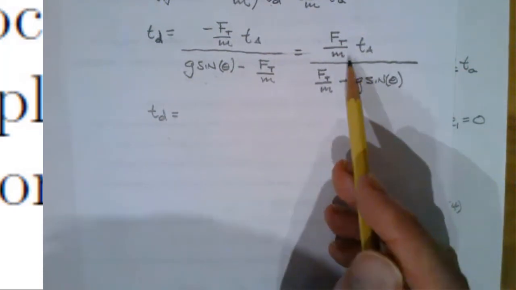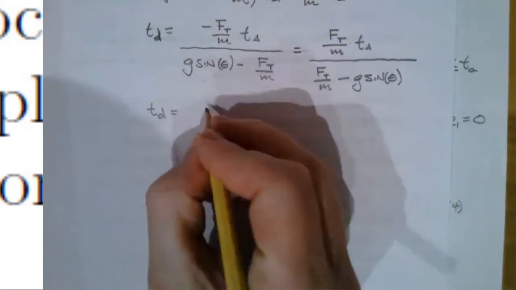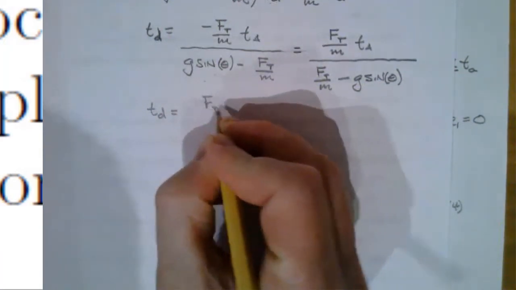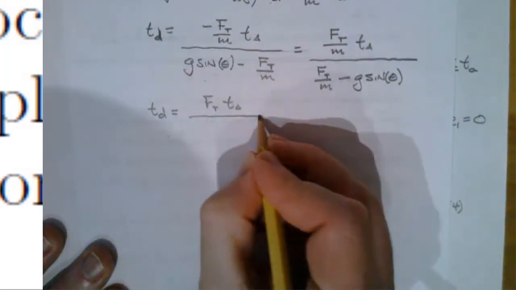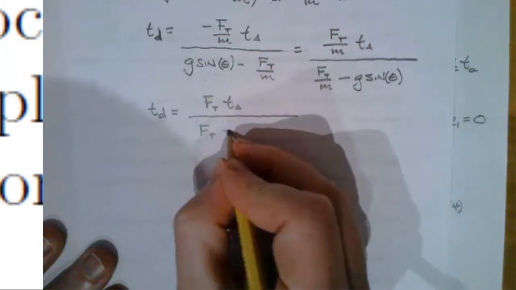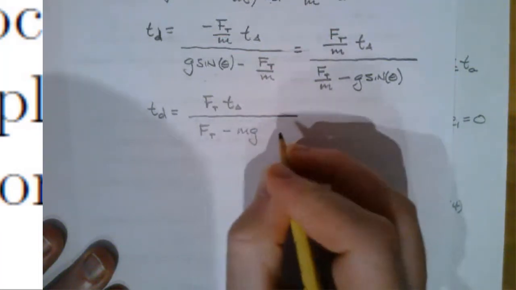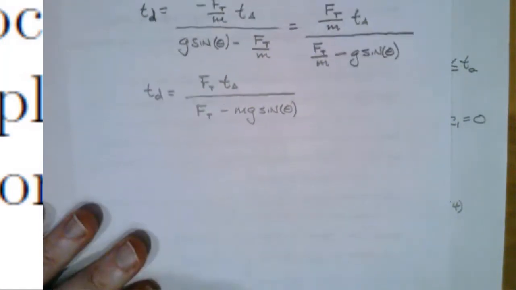I can make this look better, at least in my mind, if I multiply both the numerator and the denominator by M. Multiplying the numerator by M, I've got Ft times Ta. Multiplying the denominator by M, I've got Ft minus Mg sine theta. I just like that so much better. All right, and that's my answer for TD.